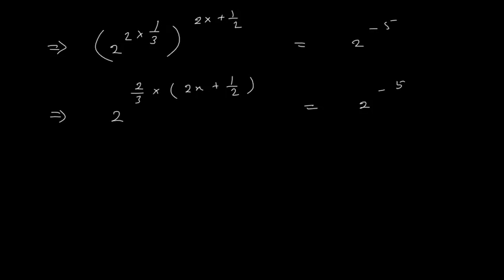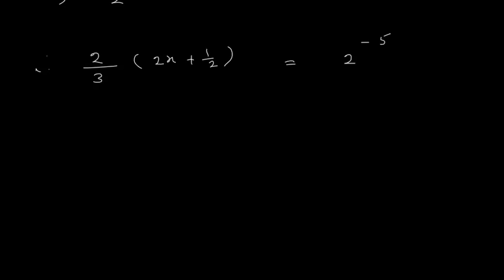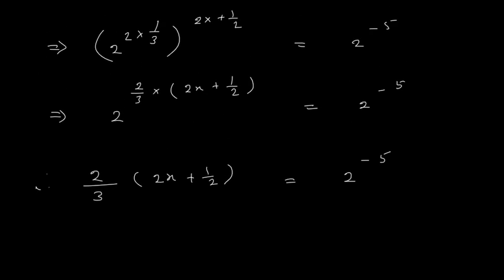So now as the base is the same, we will equate the power. Therefore I will say that 2 divided by 3 into 2x plus half is equal to 2 power minus 5. I am equating the power, so here it is minus 5.